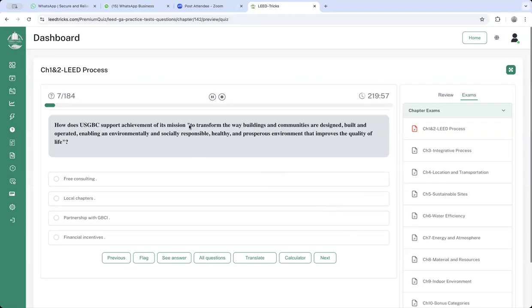The mission, he already gave it to you here, which is to transform the way buildings and communities are designed, built, and operated, and so on. So this is the statement of the mission. The question is how they support this statement, how they achieve it. What do they do? If you make a company and put in the mission of the company, how do you make it succeed?